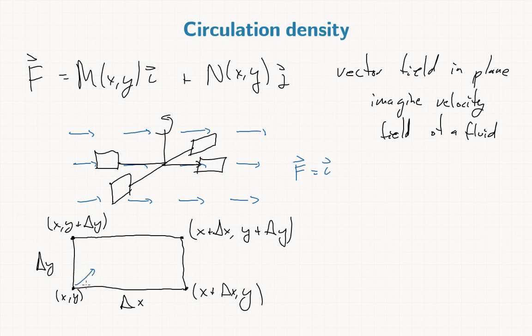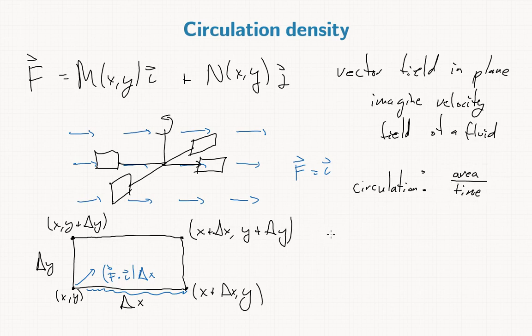First, circulation has units of area over time. We calculate it by taking the horizontal component of F, that's F dot i, and multiplying by the length of the segment. F has units distance over time, and we multiply by another distance to get area over time.